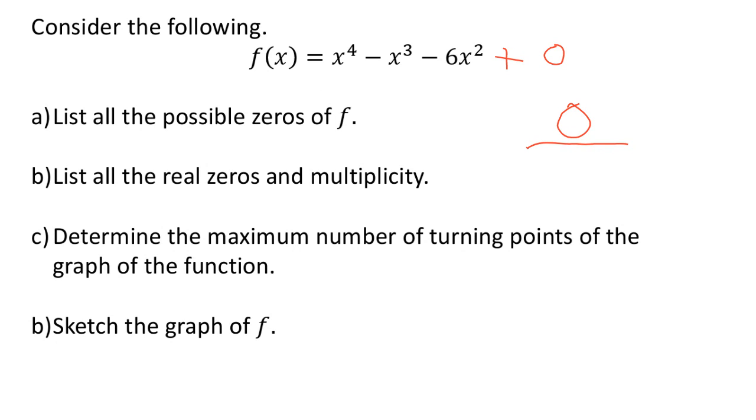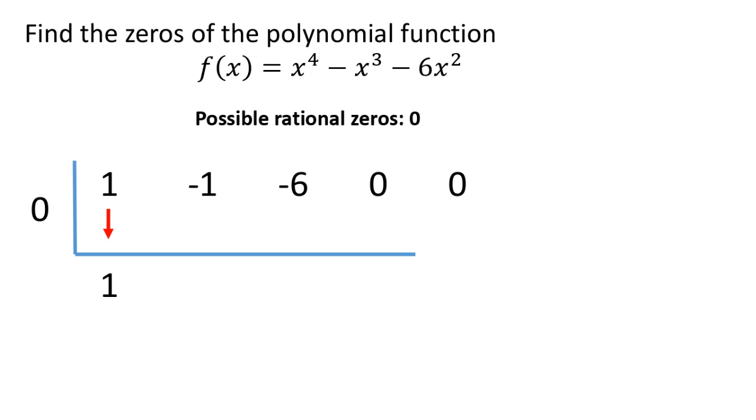So if I divide by 1, what is 0 divided by 1? Just 0. Okay, so here my possible zeros are just going to be 0. So I only have one number that I can check. So I'm going to use it to check.